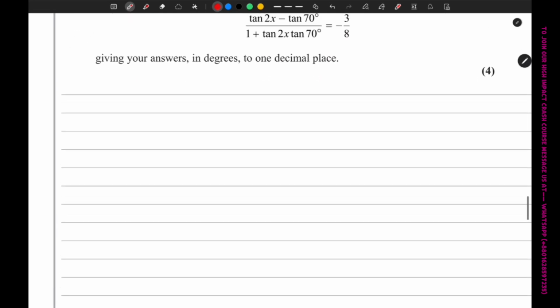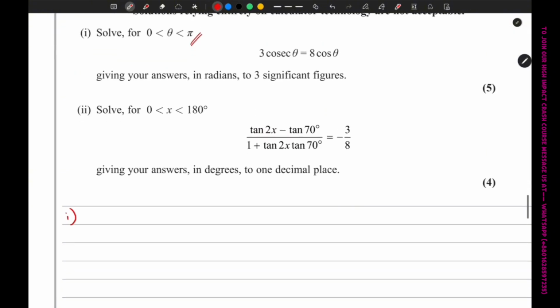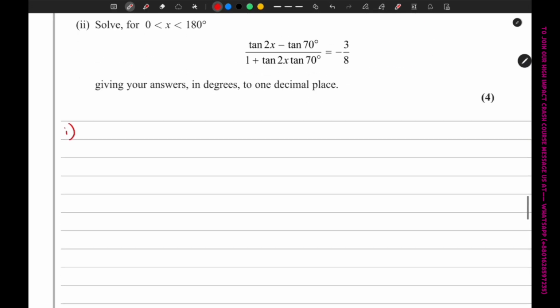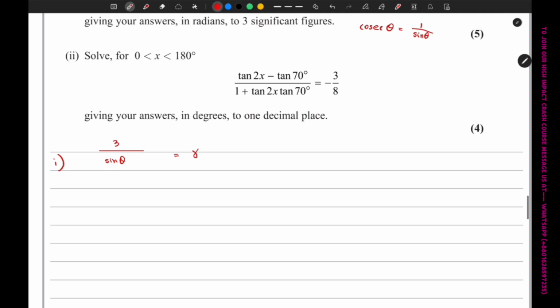So what we can do is write cosec theta as 1 over sine theta. If we apply this, it will be 3 over sine theta equals 8 cos theta.